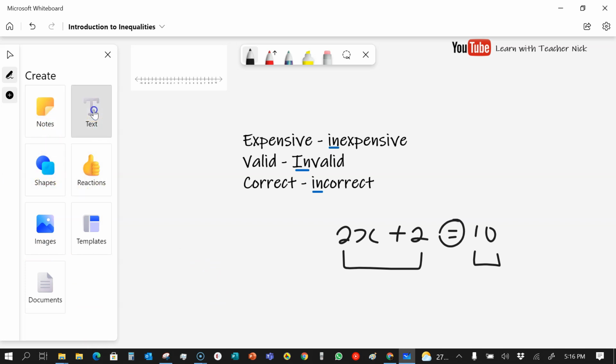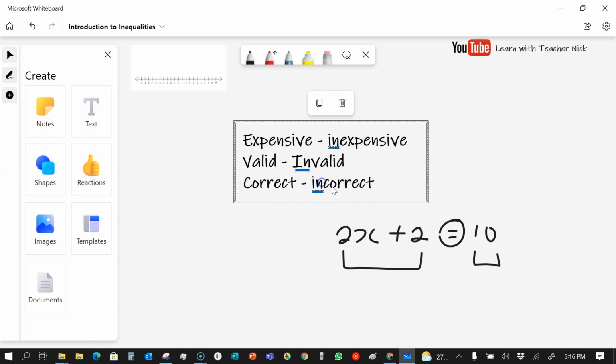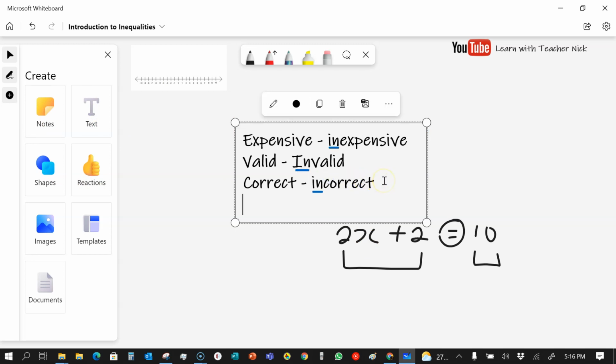So if there is equality, what if the left-hand side is not equal to the right-hand side? Then we say we have an inequality. I'm sure by now you already know what it means to have an inequality.